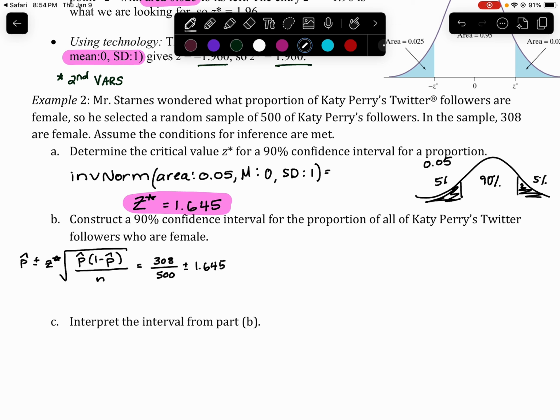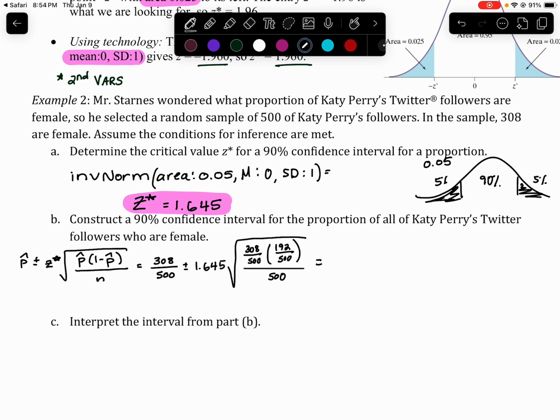And then we have to calculate our whole proportion here. So we have our p hat, which is 308 divided by 500, times our 1 minus p hat, which we found earlier, 192 over 500, all over n, which in this case is 500.